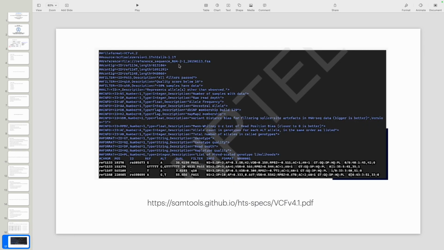So this is the VCF file. In blue, these are all the meta information of the file, and then this line is a header line, and this is the data line. The header line represents the kind of data which is present in the data line.